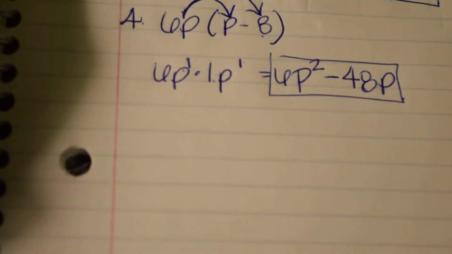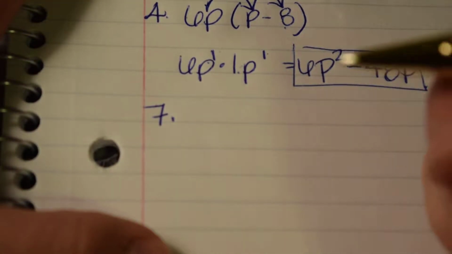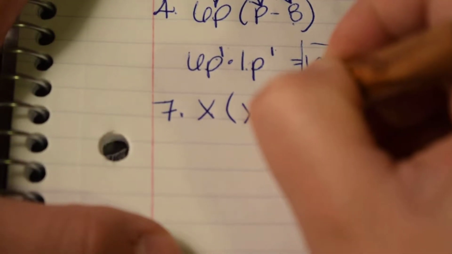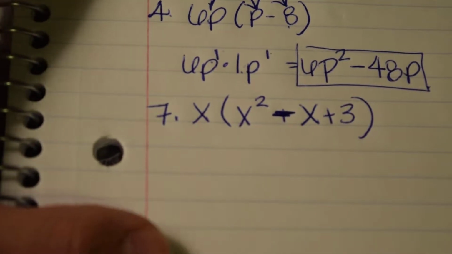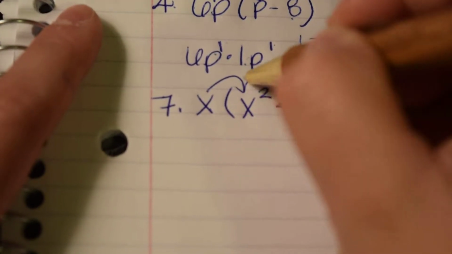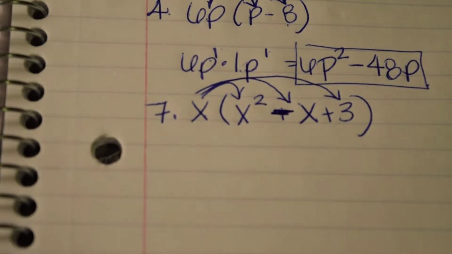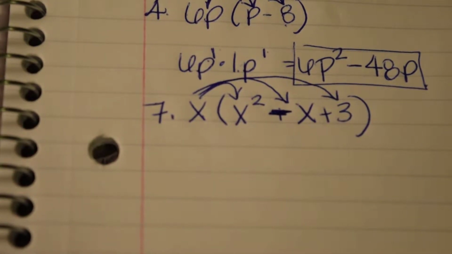Let's look at one that's a little bit more challenging. So we have number 7. Looks like I'm just going to pick from the first column. So x multiplied by x squared minus x plus 3. Same process. You're going to multiply what's in front of the parentheses by everything inside. Remember, the distributive property basically is saying if I'm going to distribute papers to everybody in class, I am not going to distribute them to everyone in the classroom but one person.